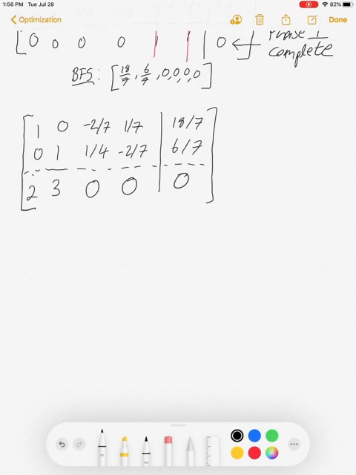Okay, so again, this tableau is not in standard form because I see an identity matrix here, and there aren't zeros below the identity matrix. So we just perform row operations to put it in standard form. So I want to zero out the 2 and the 3. So I'm going to subtract off twice of the first row and 3 times of the second row.